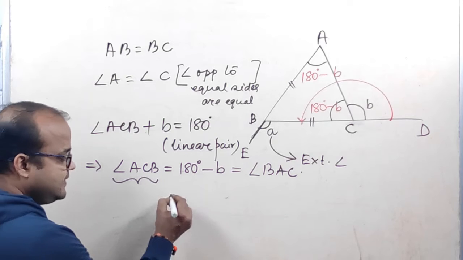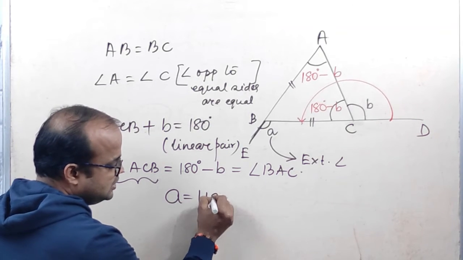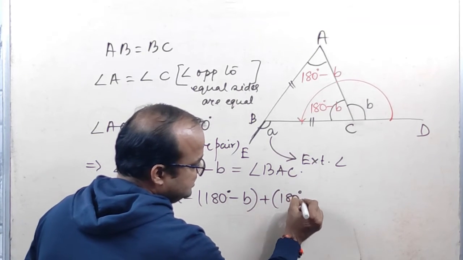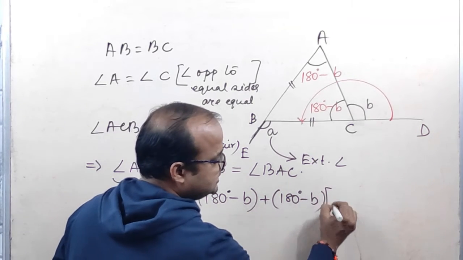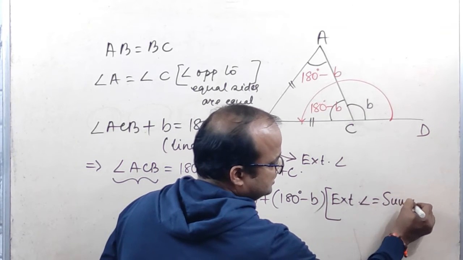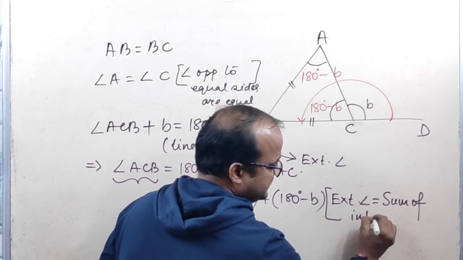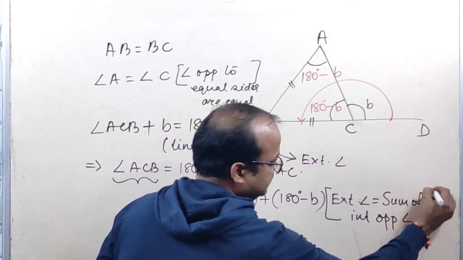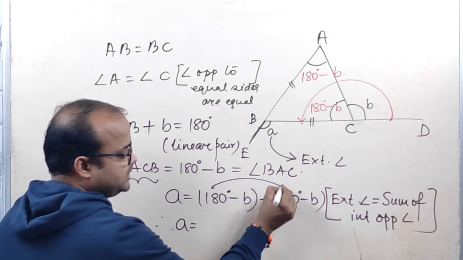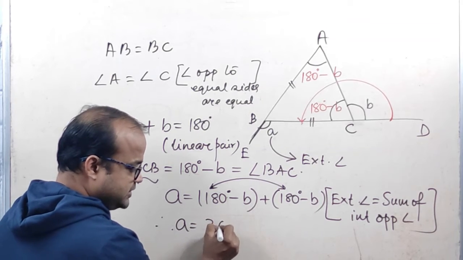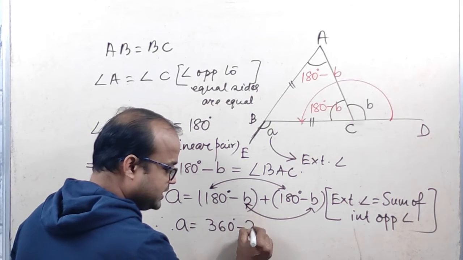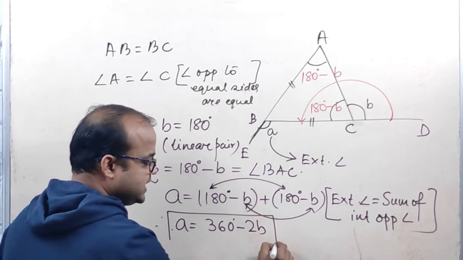So we say A equals 180 degree minus B plus 180 degree minus B, and the reason is the external angle is equal to the sum of internal opposite angles. Therefore A equals 180 degree plus 180 degree, 360 degree, minus B and minus B equals minus 2B. So this is the expression.